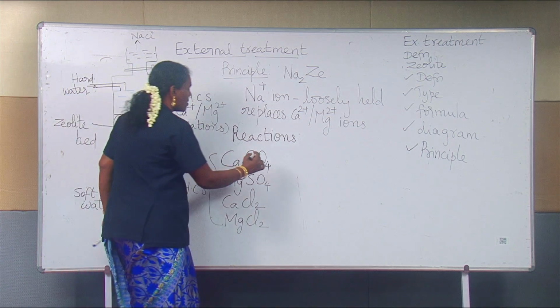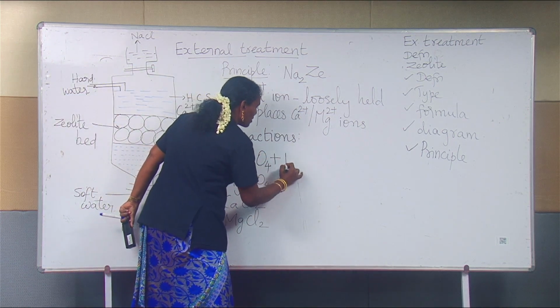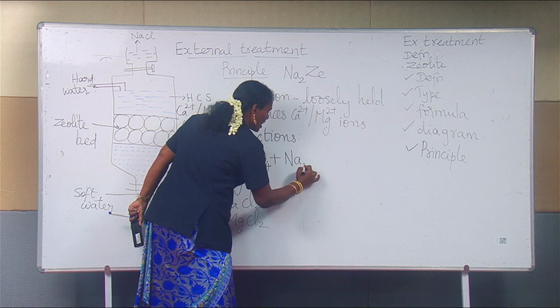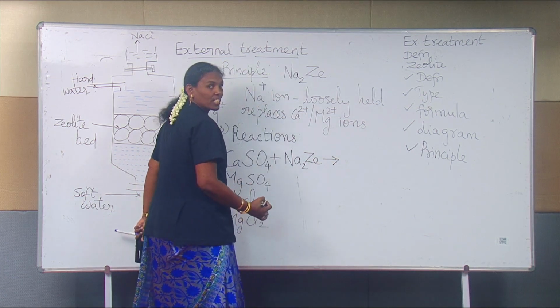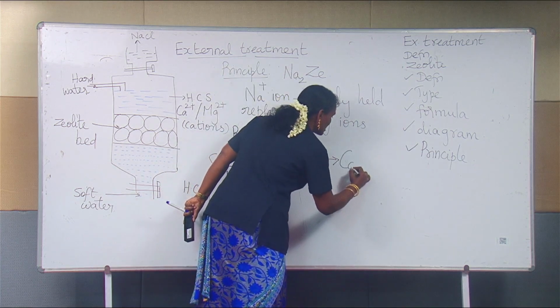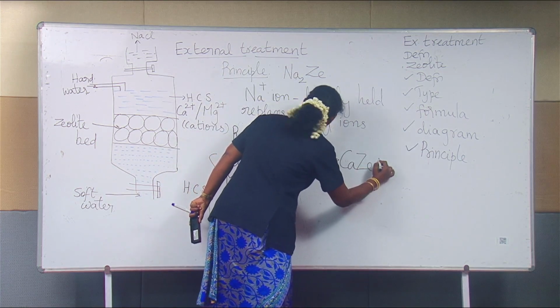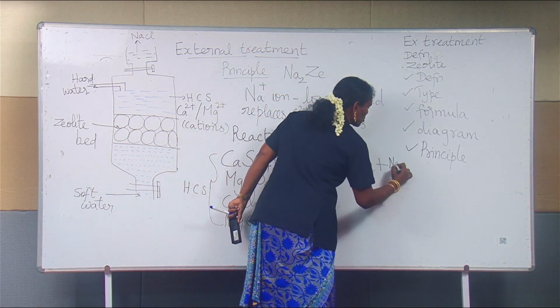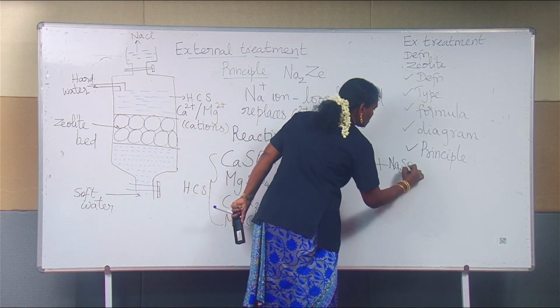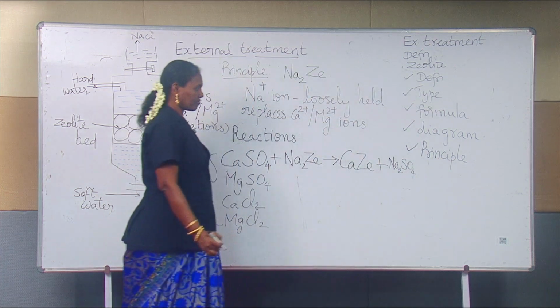So what will happen? Calcium sulfate reacts with Na2Ze and gives calcium zeolite, CaZe, plus Na2SO4.